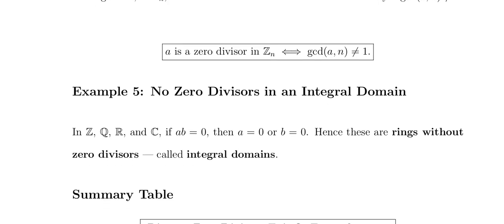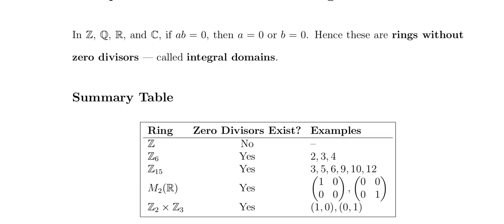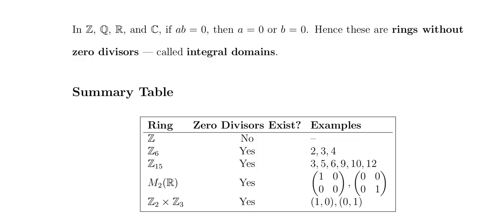Integral domain means, for Z, Q or C, if AB equals 0, then either A equals 0 or B equals 0. Rings without zero divisors are called integral domains. So if there is no zero divisor, it is called an integral domain.